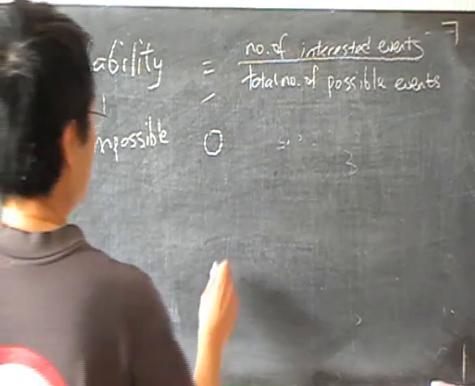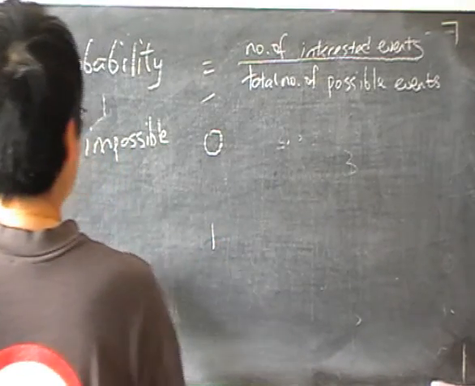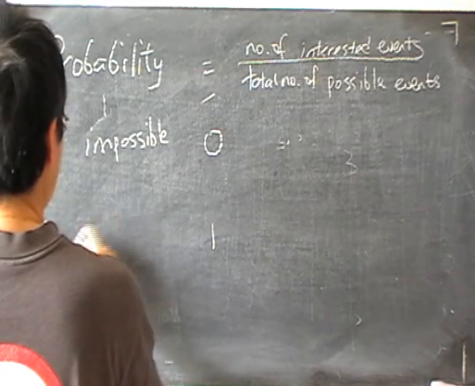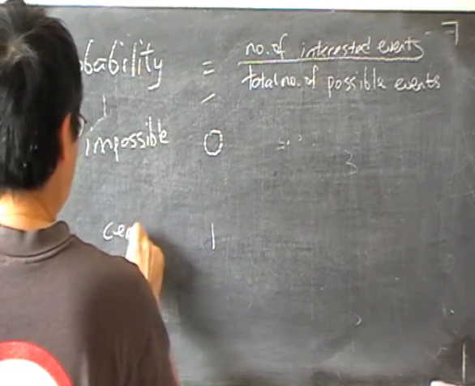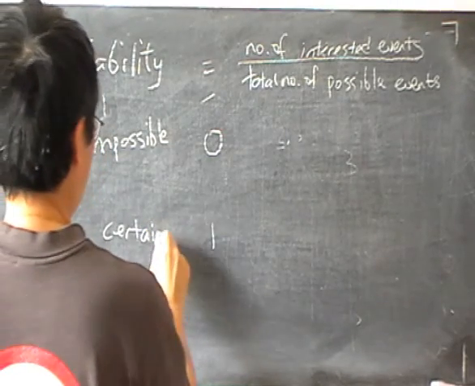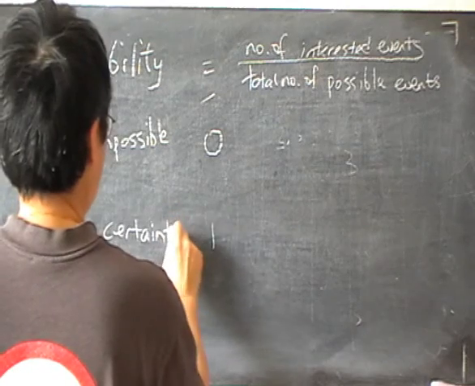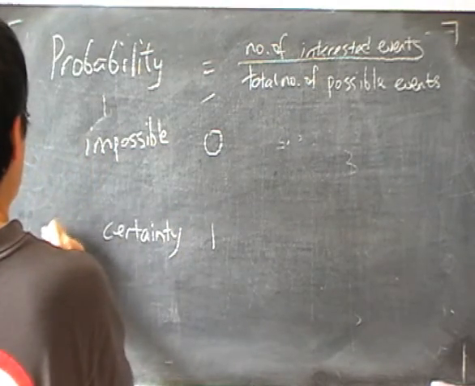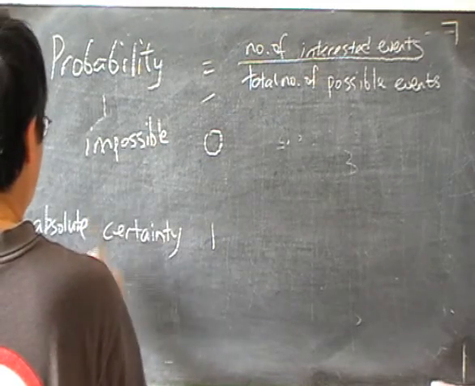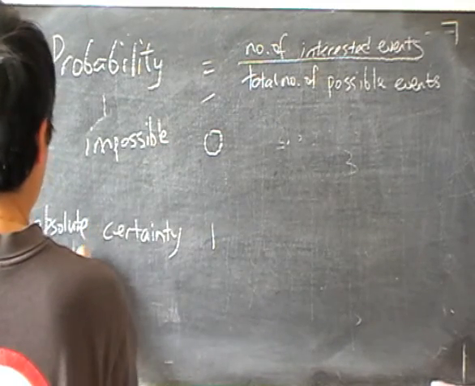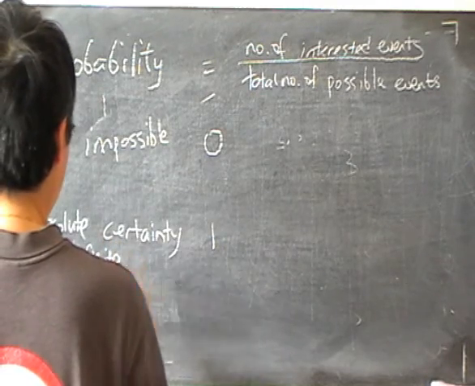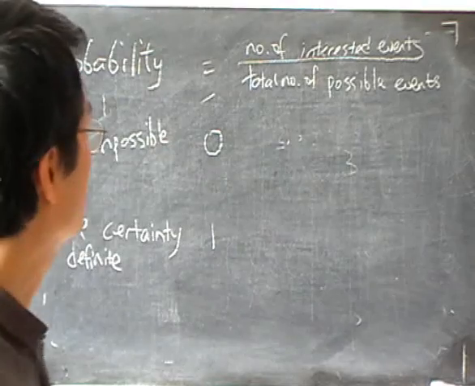So 1 means that it is certain, okay, that it will definitely happen. Okay, we can call it absolute certainty, or definitely happen.